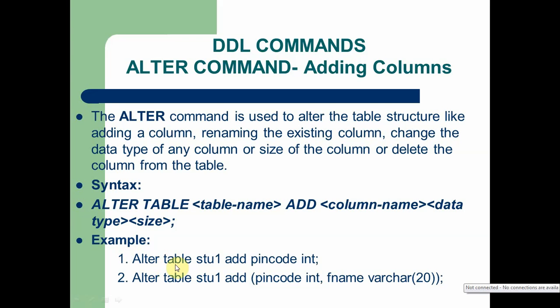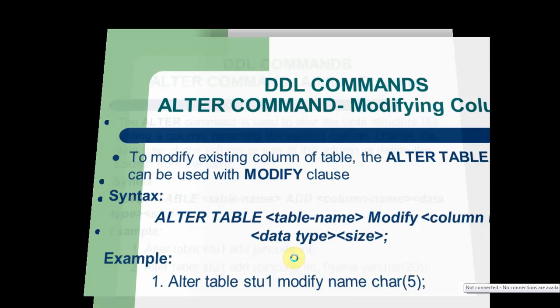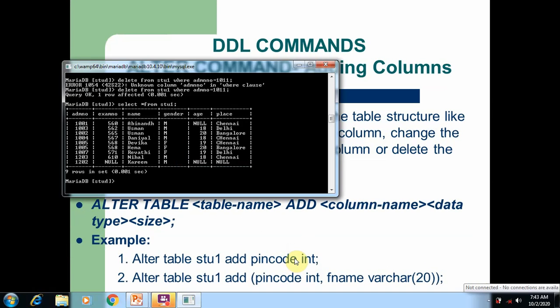In the example you can see alter table st1 add pin code int. It means in the st1 table we are going to add a new column called pin code. Here in the table you can see there are 6 columns: admin number, exam number, name, gender, age, place. But if we want to add a new column, we can also add it by using the alter command.